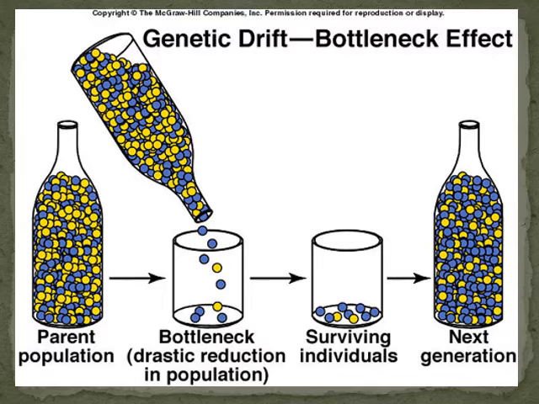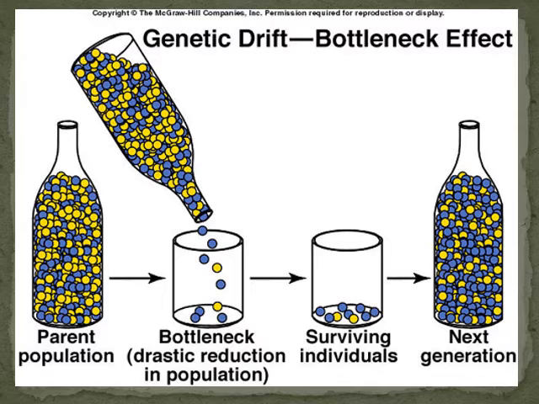Now, here's the beauty of natural selection, which was our first mechanism, and also the beauty of evolution. Even if a tsunami occurred and it wiped out the majority of the yellow population, as we can see in this bottle, if the yellow was the favorable before the natural disaster and it continued to be the favorable trait after the natural disaster, nature would continue to favor it and it would return back to being the favorable characteristic.